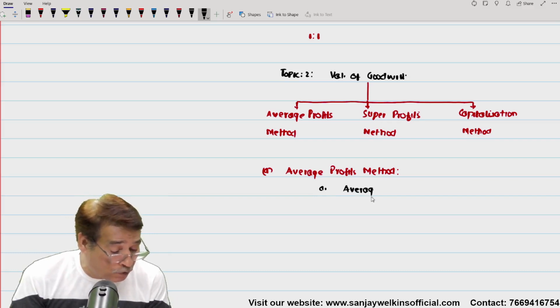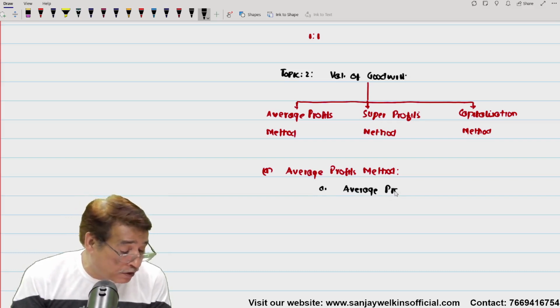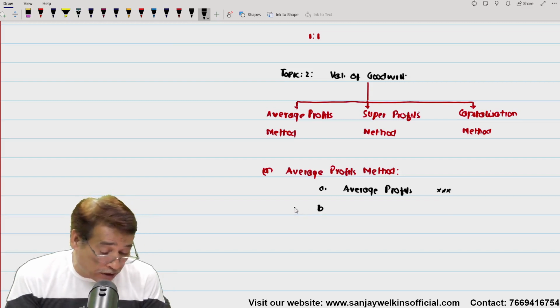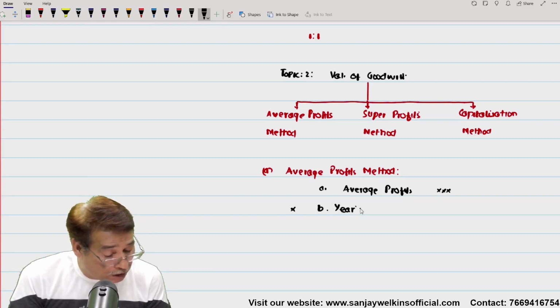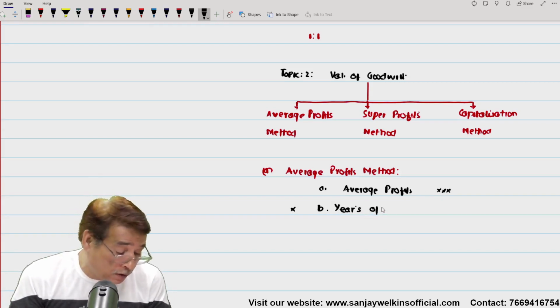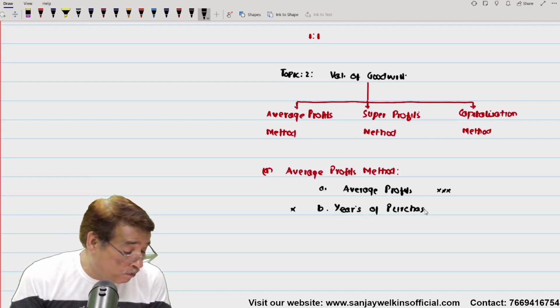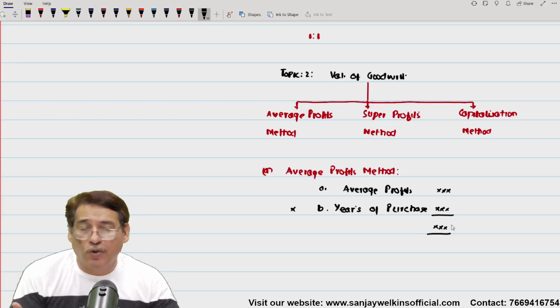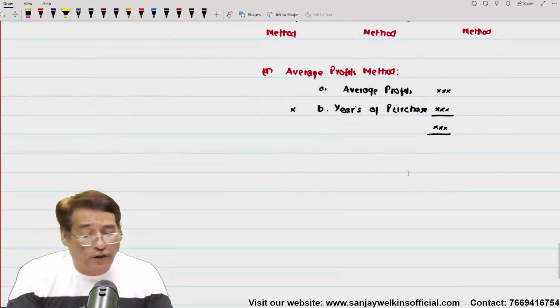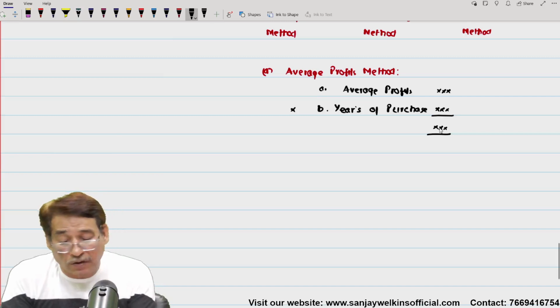Then all you had to do is multiply it with years of purchase to get the amount of goodwill. So under the average profit method, we need only two steps: computation of average profit and simply multiplying it with years of purchase. Is it clear to you?